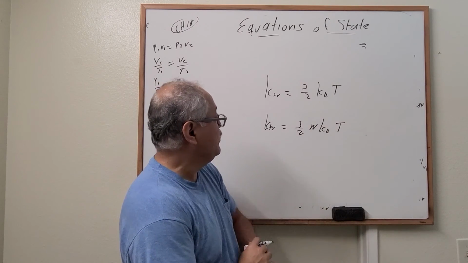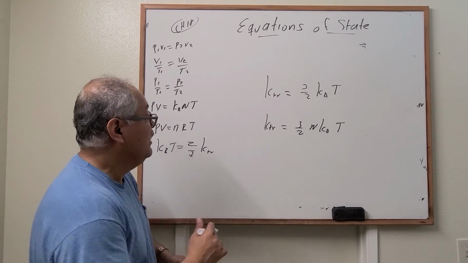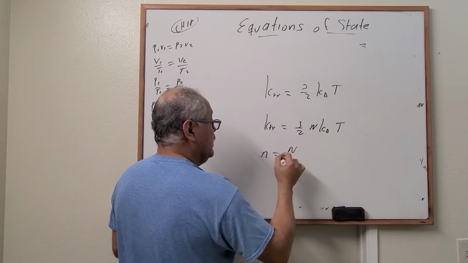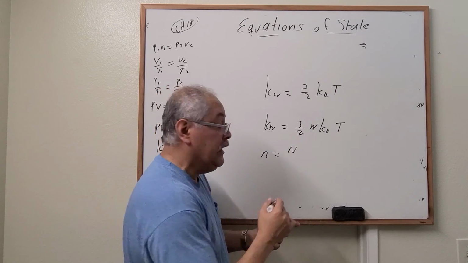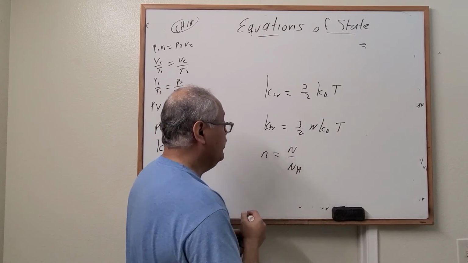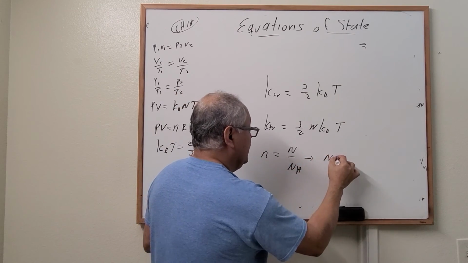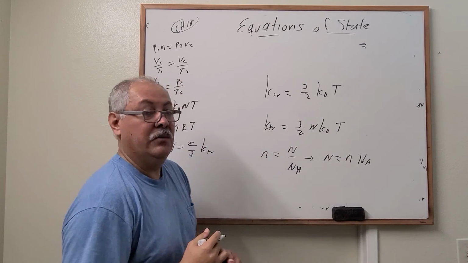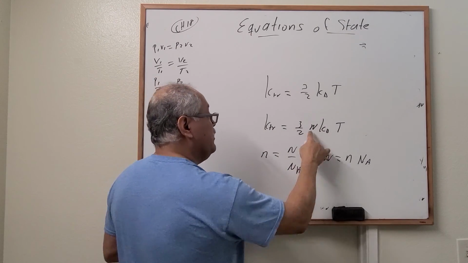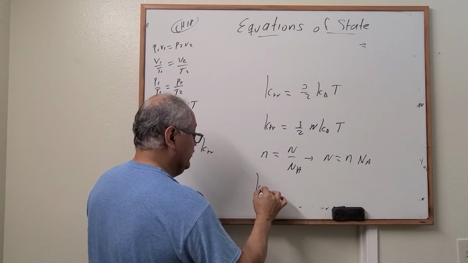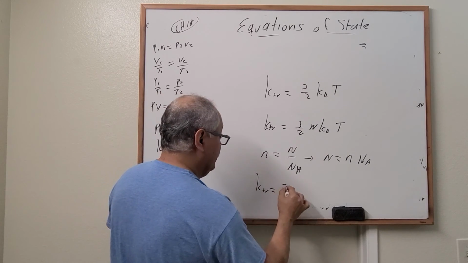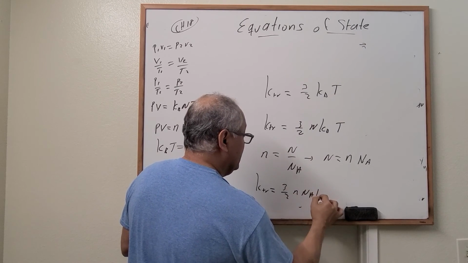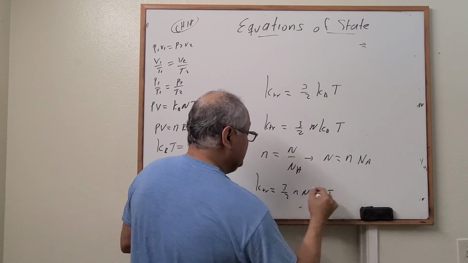But remember, we use the number of moles. n is equal to the number of particles divided by Avogadro's number. The number of particles equals the number of moles times Avogadro's number. When we substitute this value over here, the translational kinetic energy is equal to 3/2 times n, Avogadro's number, times Boltzmann's constant times the temperature.